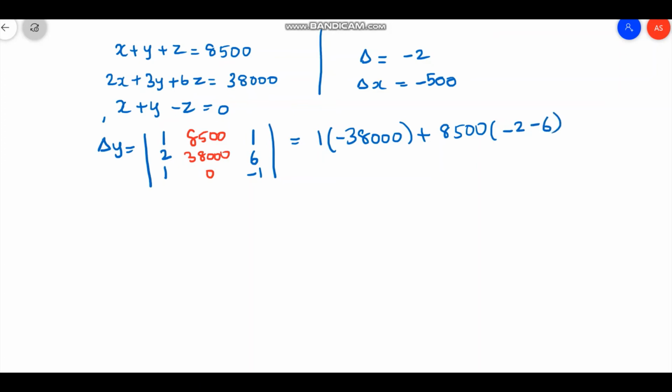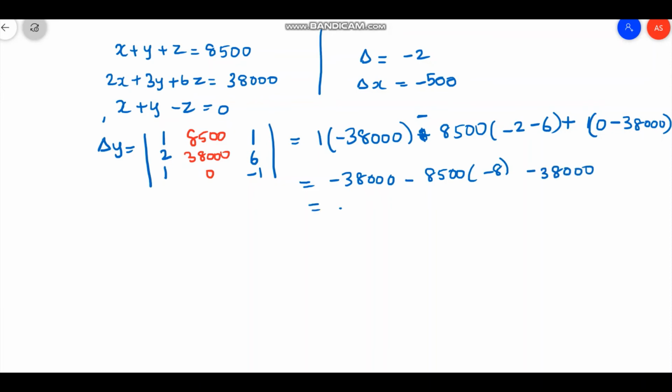So this is not plus, this should be minus. Plus 1 into 0 minus 38,000. So which gives us minus 38,000 minus 8,500 into minus 8 and minus 38,000. So it equals minus 38,000 plus 68,000 and minus 38,000. So simplification gives us minus 8,000.